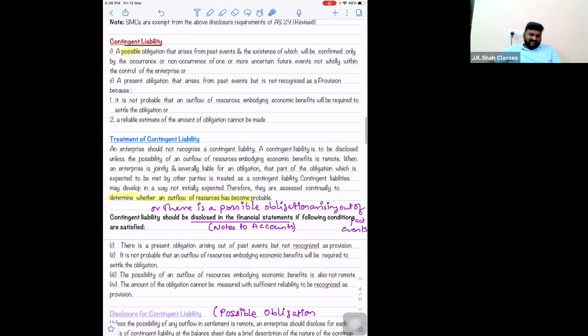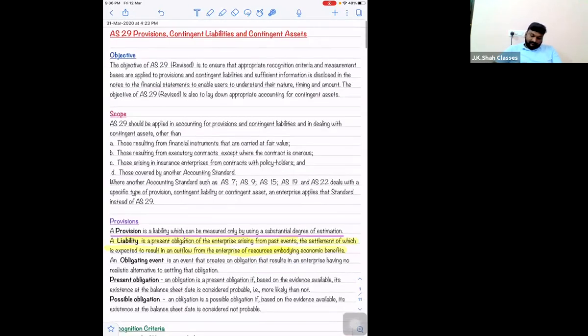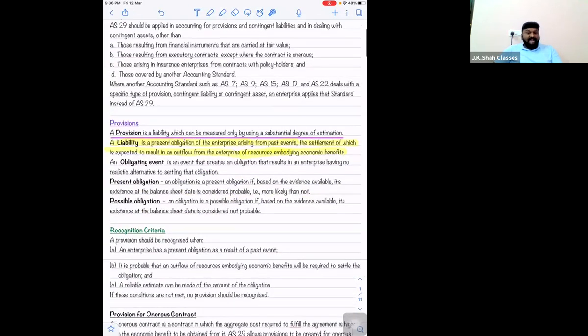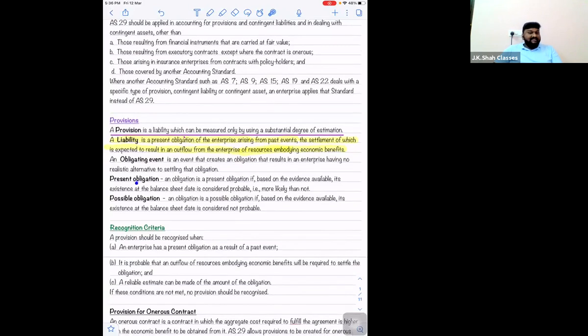I think we have yesterday also studied the definition of a present obligation and a possible obligation. When I say present obligation, you can also use the word probable obligation, because probable obligations are those that, on the basis of evidence available on the balance sheet date, their existence is considered as probable, that is, more likely than not. But when it is about a possible obligation, the existence on the balance sheet date is considered as not probable.